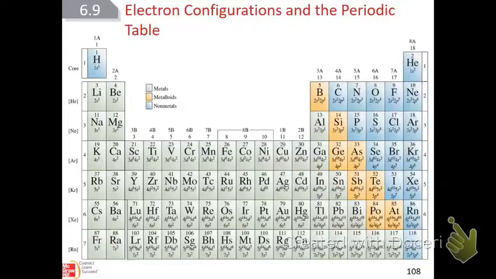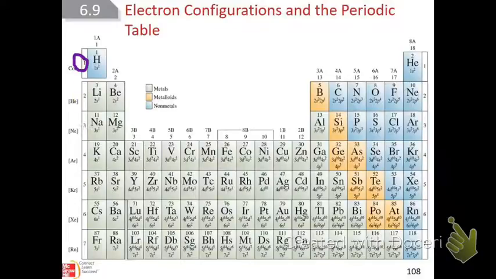This one is actually giving you all of the electron configurations for you, which is cheating big time, I think. But it gives you the core would be helium, and then this gives you the energy level right here, energy level 2, energy level 3, and so on.